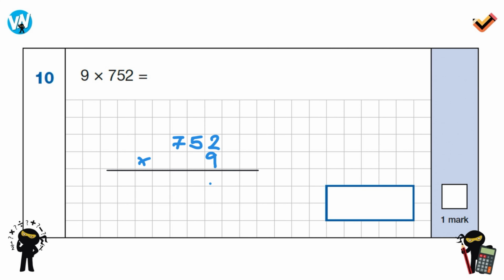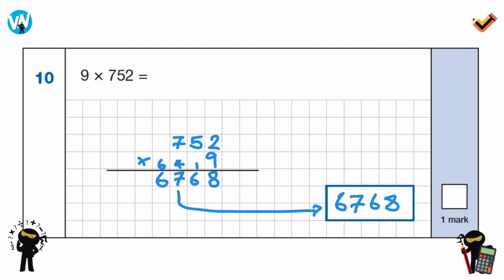So 9 times 2 is 18, carry the 1. 9 times 5 is 45, add the 1 is 46. 9 times 7 is 63. Add the 4 is 67. And the 6 is going to drop down. So again, just with a little bit of concentration and good presentation and using our multiplication fact, we can solve a question like this really quickly.